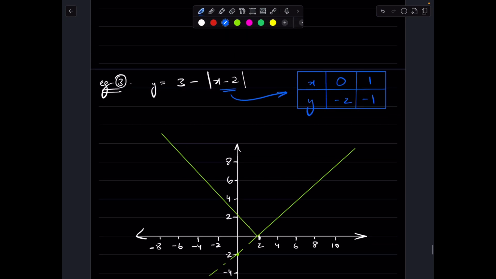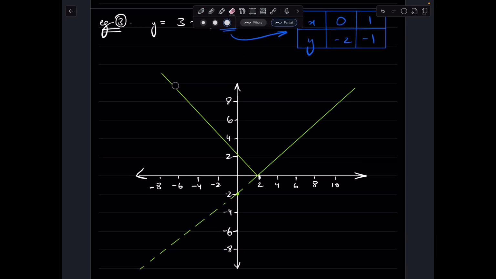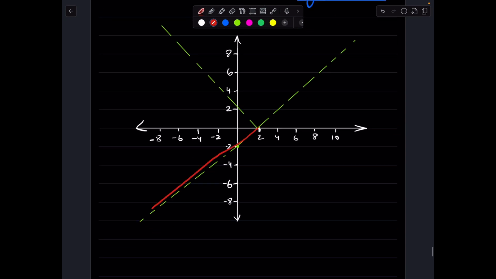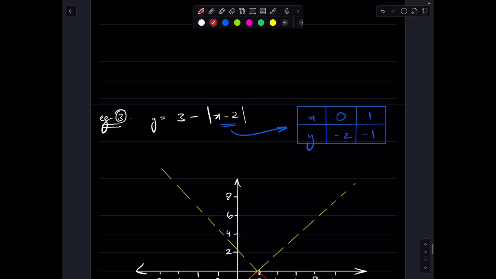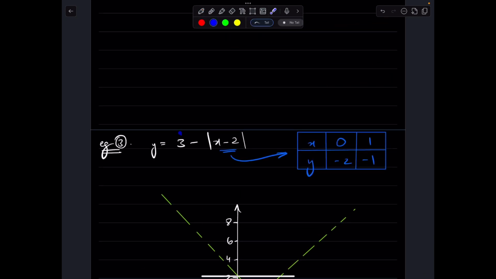We have this, and we have a negative sign before the modulus. So make this graph dotted too, and reflect this about the x-axis. You make this with red, this graph would look something like this.